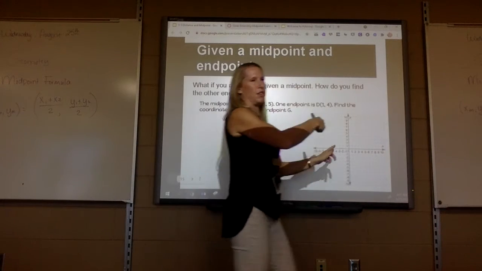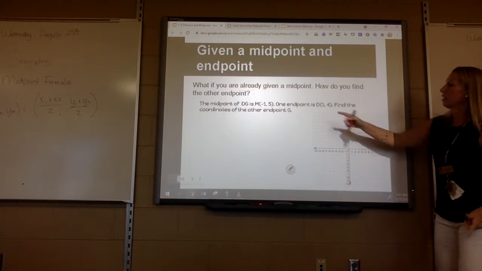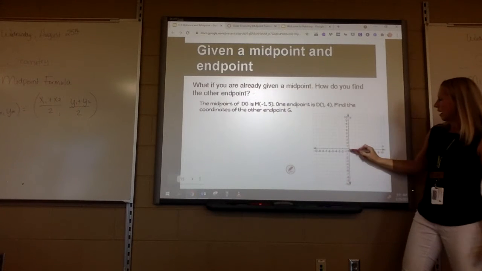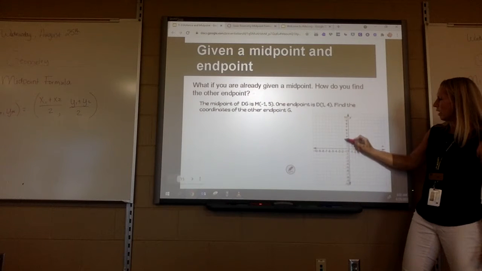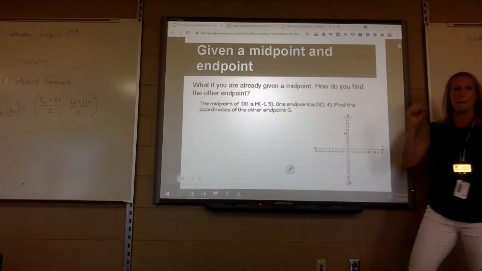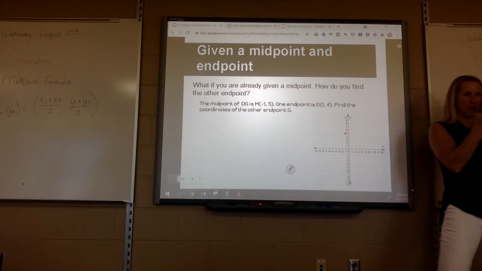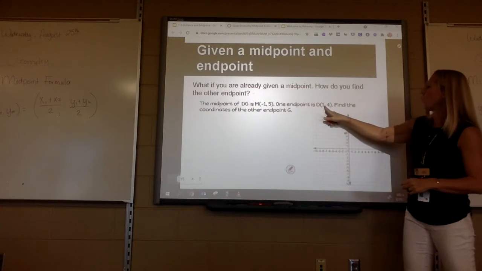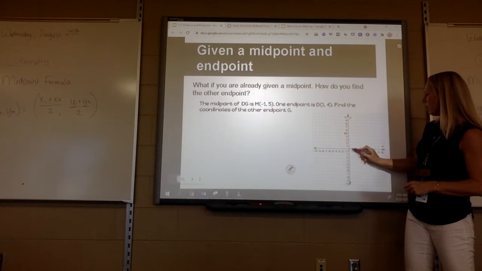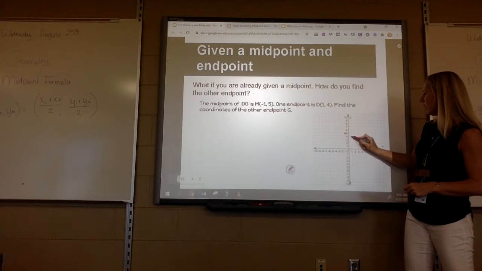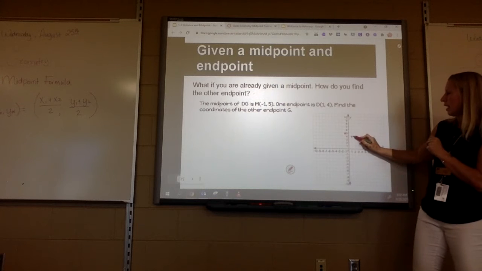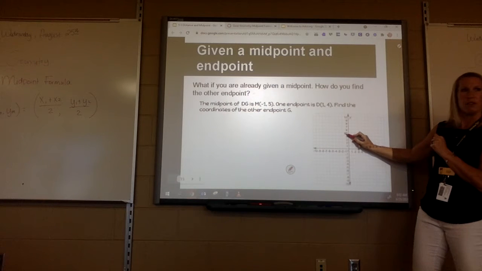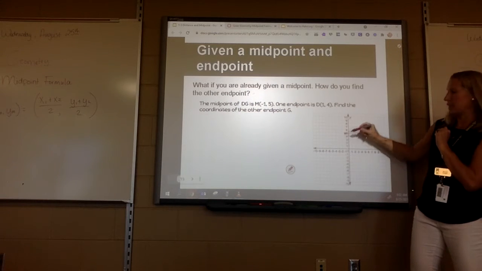So I'm just going to graph this over here so you can kind of visualize it. So negative 1, comma 5, so I go to the left 1 and up 5. So that is my midpoint, my point that's in the middle. And then it says one endpoint is 1, comma 4, over 1, up 4. So this would be my endpoint. This is a midpoint. So I have to figure out where the other endpoint is.